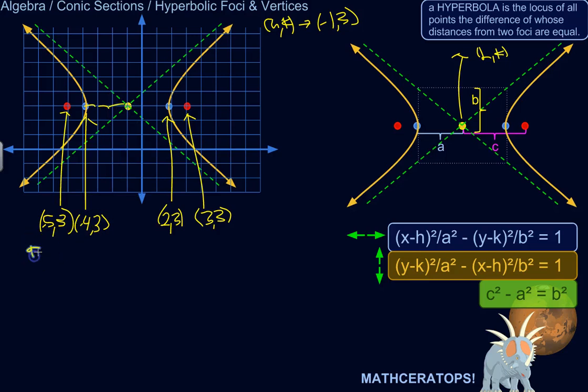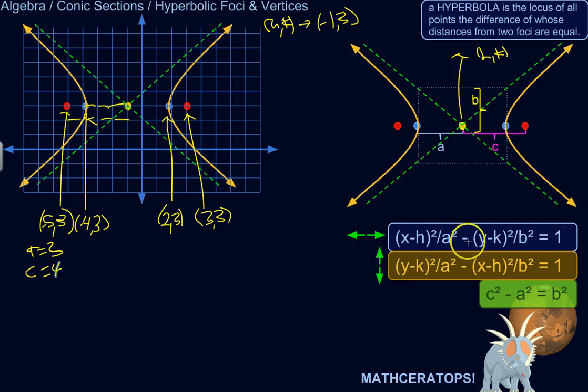So a equals 3, which you can see pretty easily from this. If you needed to, you could use the distance formula, just say the distance from the center to the vertex here. But here it's pretty easy to calculate that distance: 3. So a is 3. c, which is the distance from the center to the focus, is 1, 2, 3, 4. c equals 4.